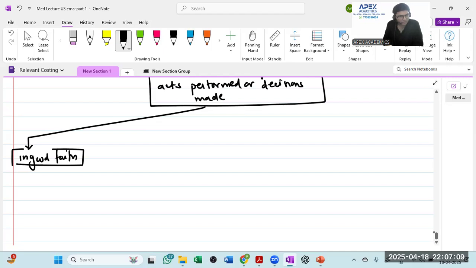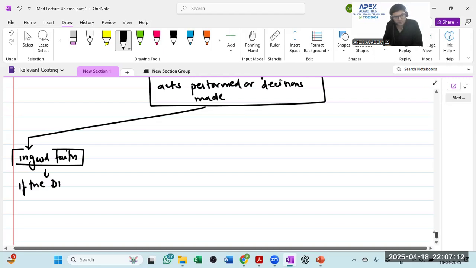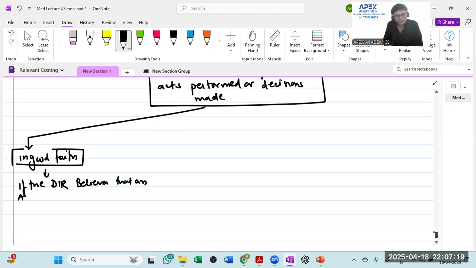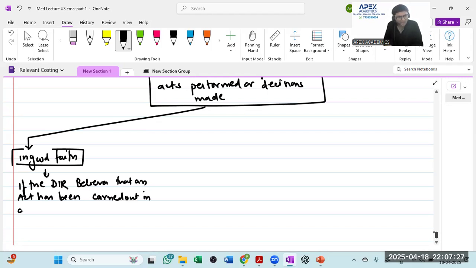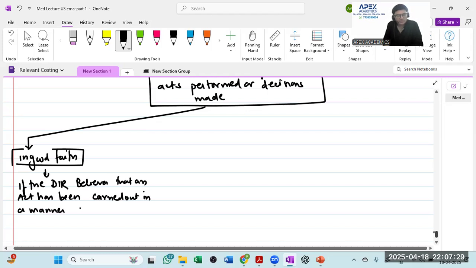Sir, if the director believes that an act has been carried out in a manner to be in the best interests of the organization. Sir, please tell me, do you understand the meaning of this?